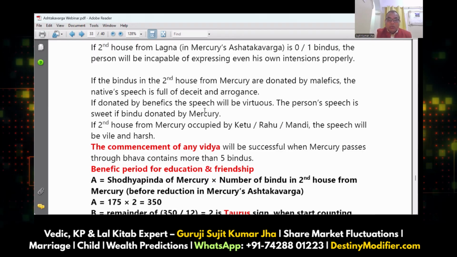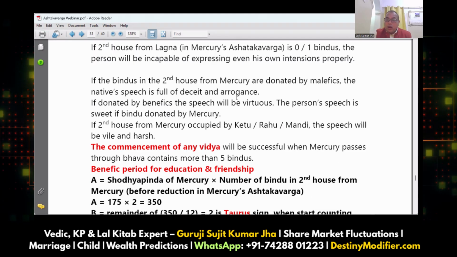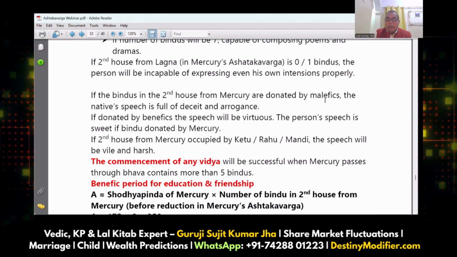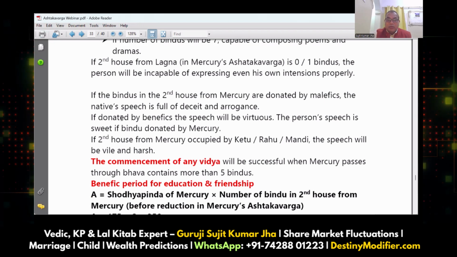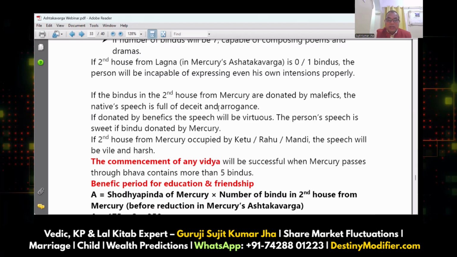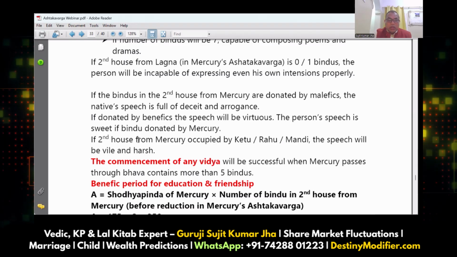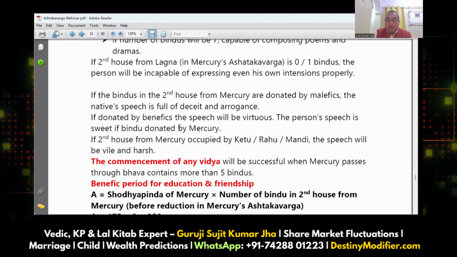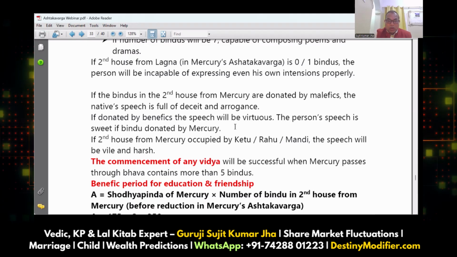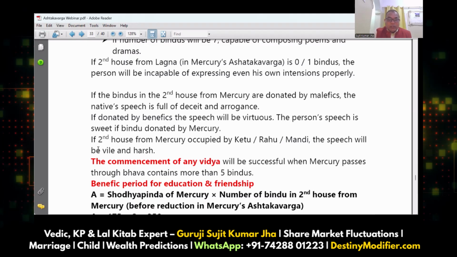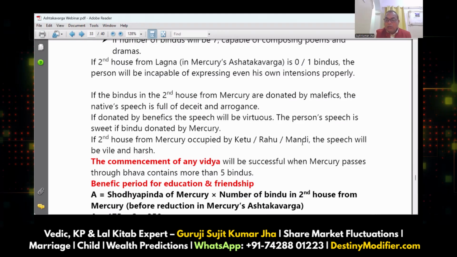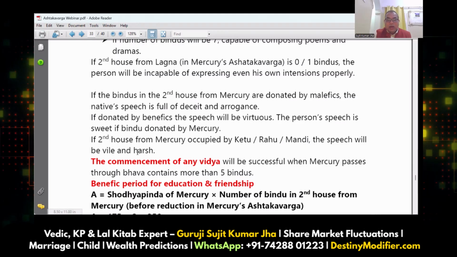If the second house from Mercury has points, but if those points are given by malefics, then the native's speech will be harsh, arrogant, deceitful, meaning he will lie more. If denoted by benefics, then the speech will be virtuous. If the second house from Mercury is occupied by Ketu, Rahu, or Mandi, the speech will be harsh.